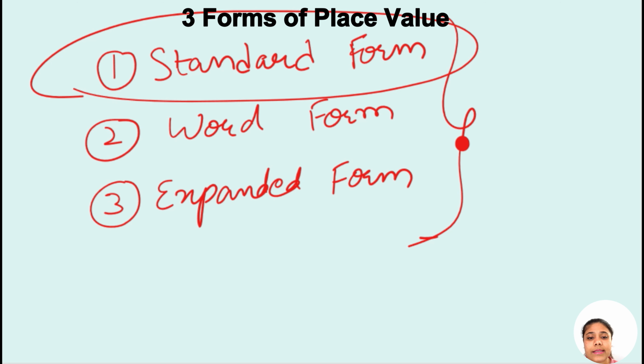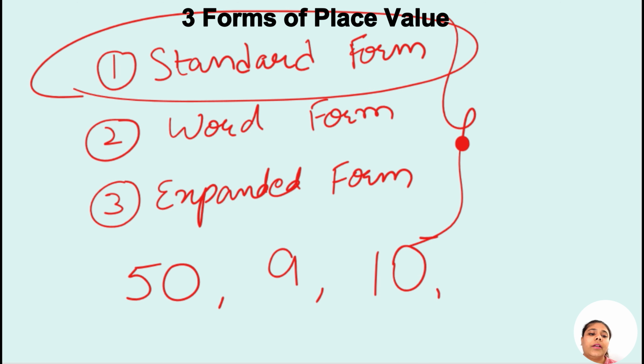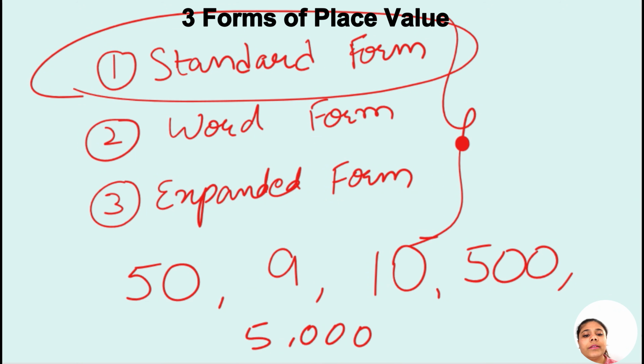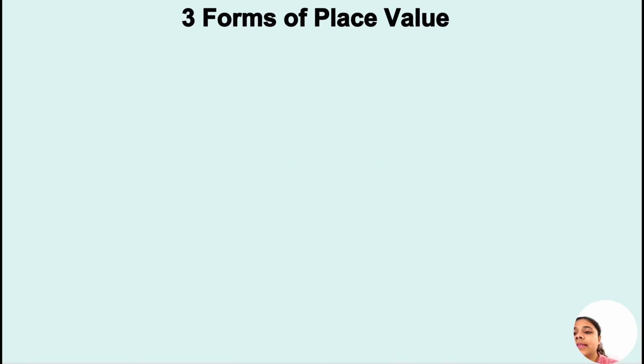A number as is. For example, 50, 9, 10, 500, 5 million, or any possible number that you can think of. Let's say that this is the number we have. This is the standard form.